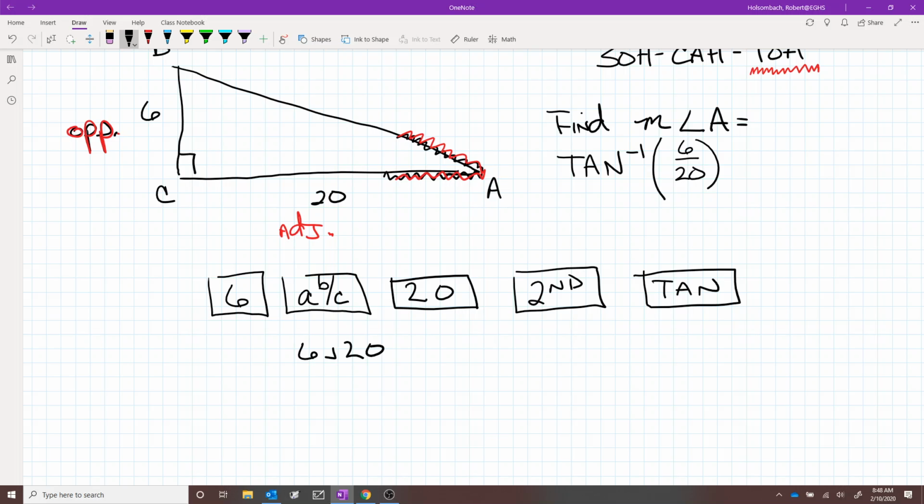The number on your screen is the measure of angle A. Did anybody do that in the calculator with me? What'd you get? Okay. Now I have set my calculator to second fix 1. I got 16.7 on mine.